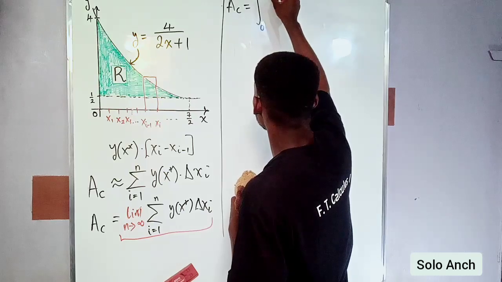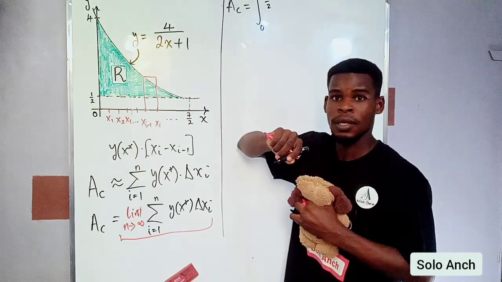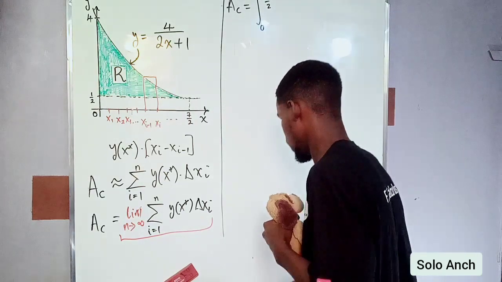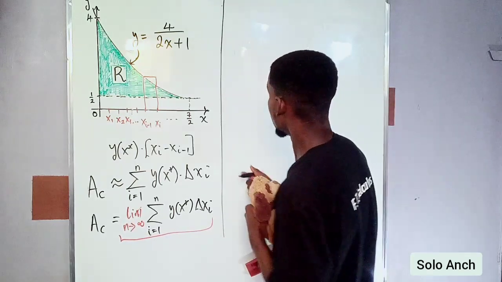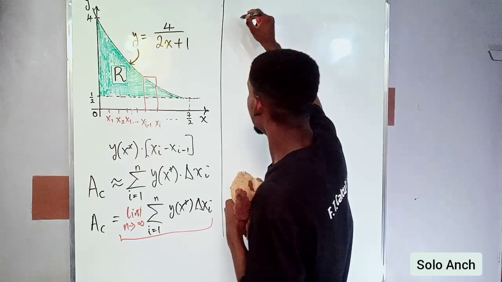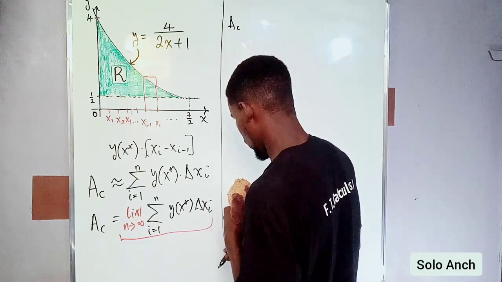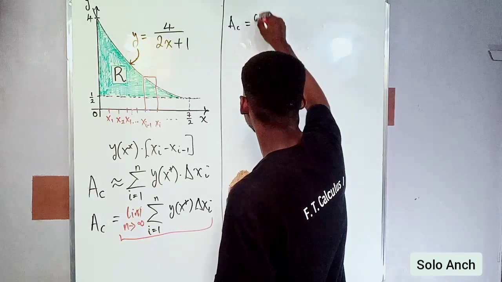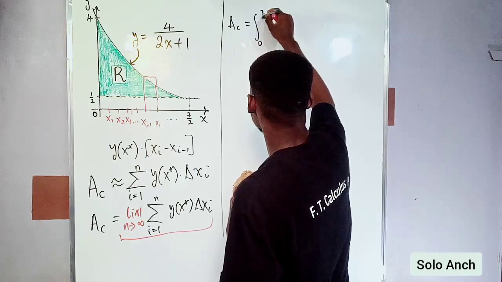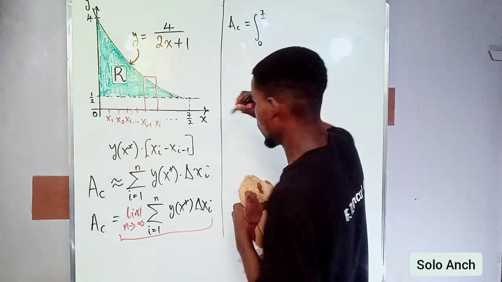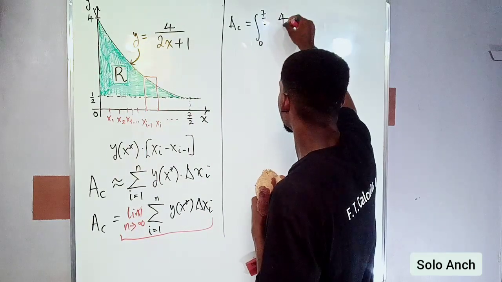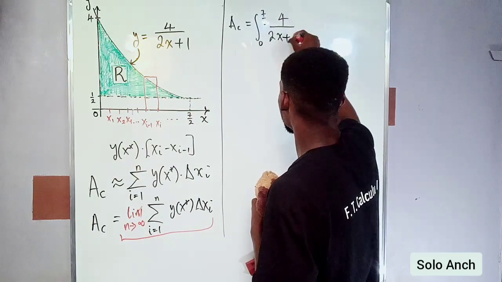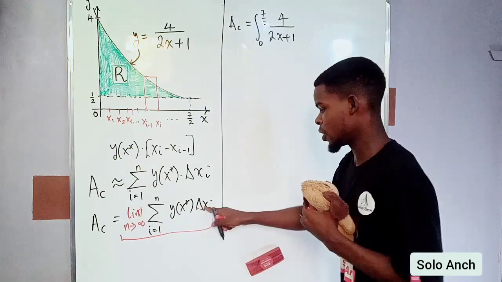So that means the area under the curve will be the integral as x changes from 0 up to 7 over 2 of, oh, that is far away. Sorry, let me clean it and put it down so you can see. The area under the curve will be given as the integral as x changes from 0 up to 7 halves of this function right here, which is 4 over 2x plus 1, then we multiply it by the change in xi.